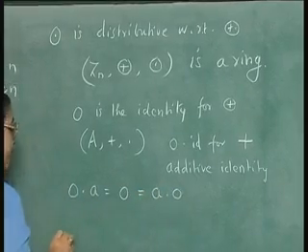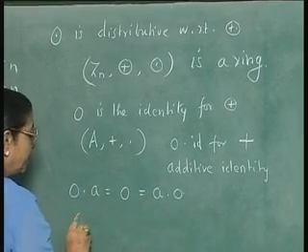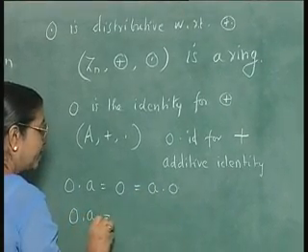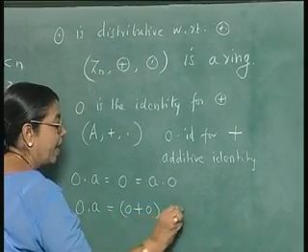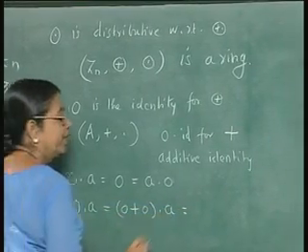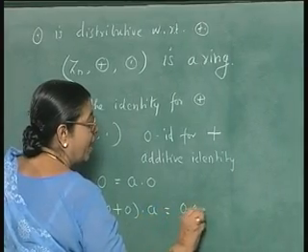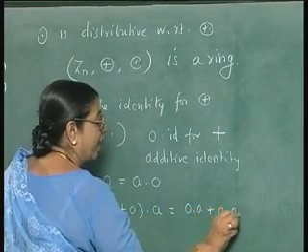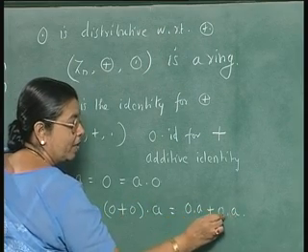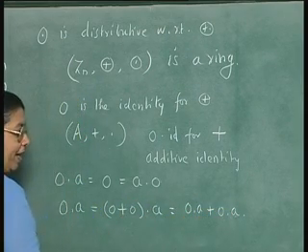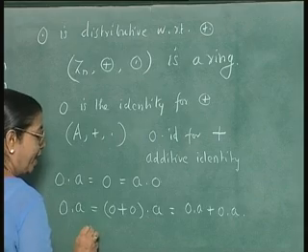How do you get this? 0 dot A is equal to 0 plus 0 dot A, and because of distributivity this you can write as 0 dot A plus 0 dot A. So, 0 dot A is 0 dot A plus 0 dot A, that is 0 dot A becomes the additive identity, but you know that the additive identity is 0.